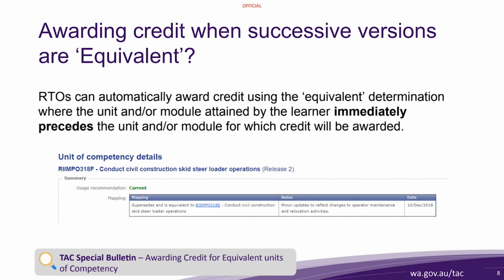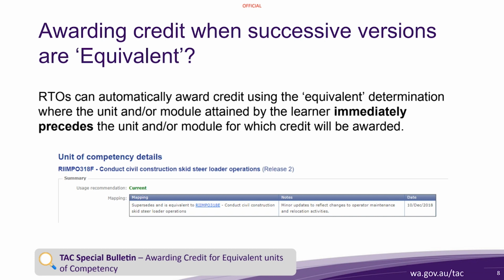So if we are looking at successive versions, we have to ask how far can we go? The position is that RTOs can automatically award credit using the equivalent determination where the unit or module attained by the learner immediately precedes the unit or module for which credit will be awarded. Because it says immediately precedes, it means that what it says in the mapping for the current unit would be allowable for credit.